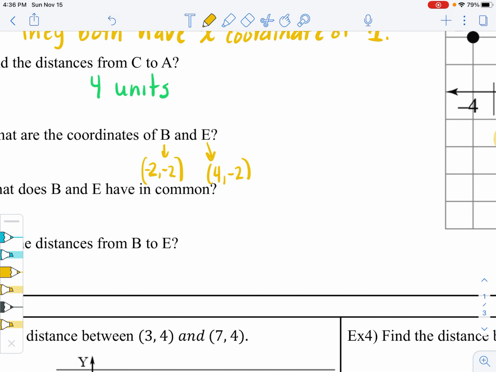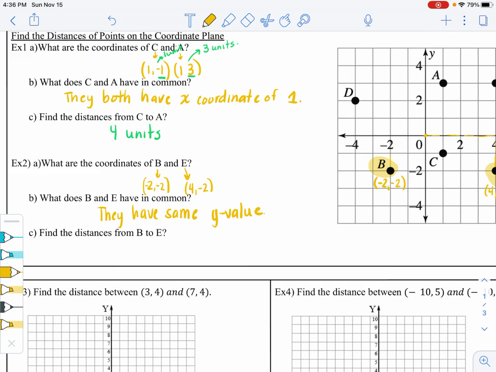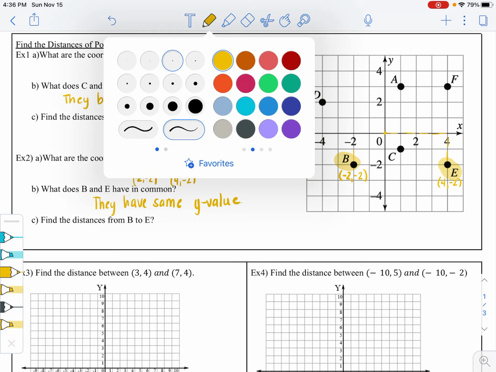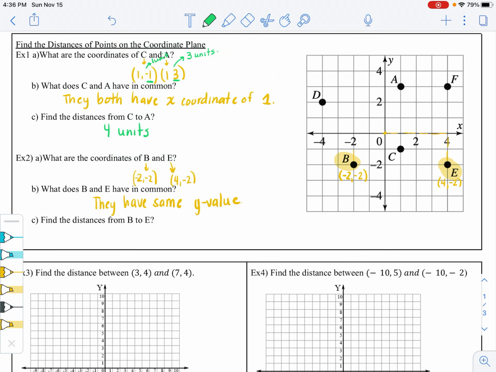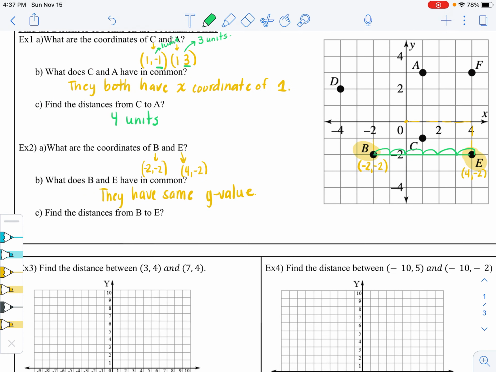This time, they have the same y value. Okay, so now we're going to look at the x values to find their distance. We can also draw our line from B to E and count. 1, 2, 3, 4, 5, 6.